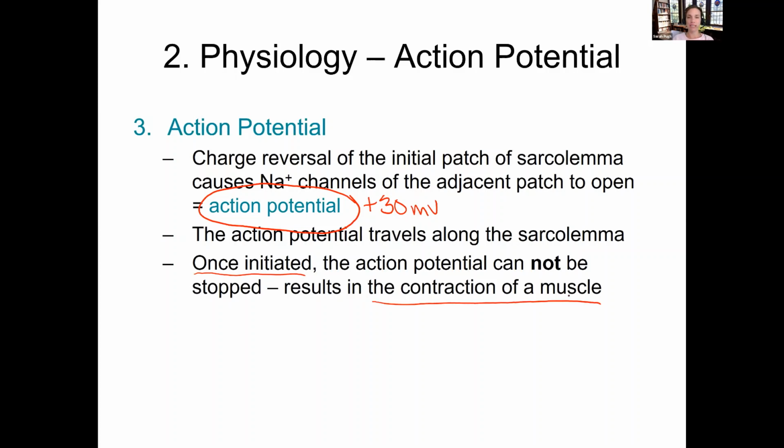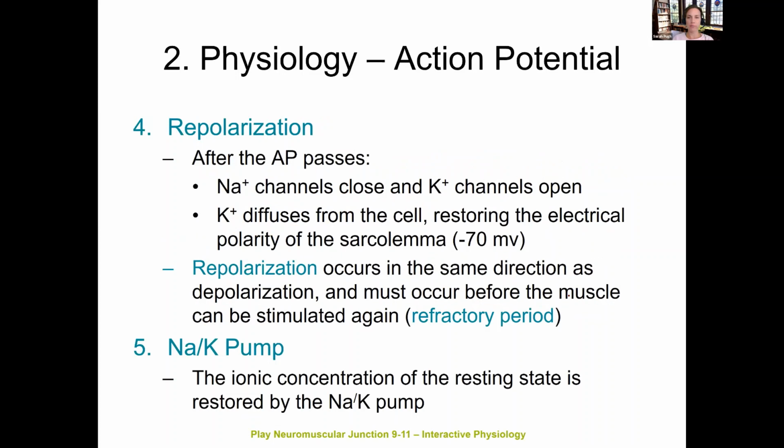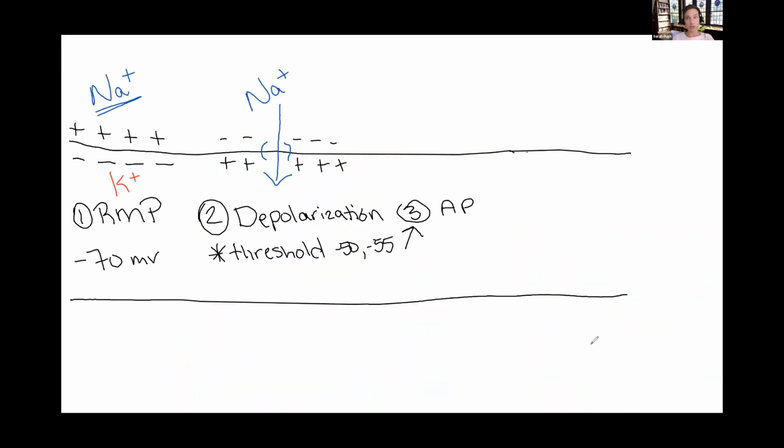All right, so let's go back to our whiteboard and we'll draw our action potential in. Okay, so I told you that an action potential is if you hit threshold, get enough sodium coming in, then an action potential will get you up to positive 30 millivolts. So the inside gets, I'm just going to do it like this, super positive.